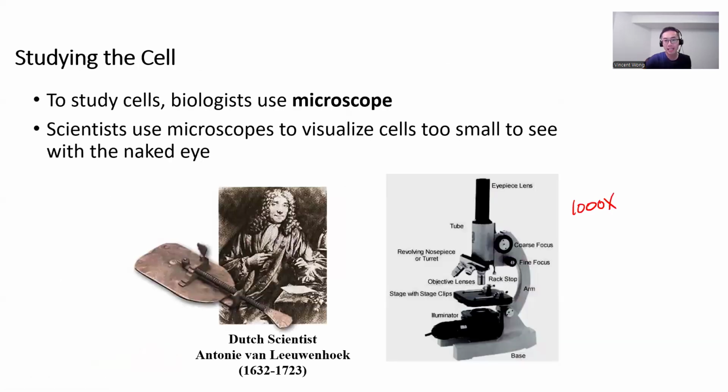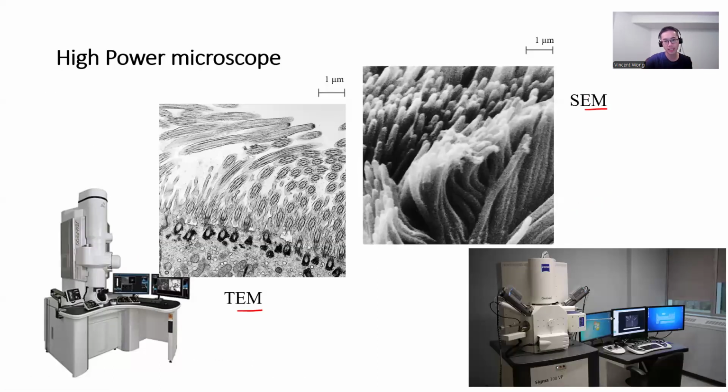These are light microscopes, which use light to observe what you're trying to see. These use beams of electrons. Depending on whether you use a scanning electron microscope or a transmission electron microscope, you will be able to see different things. For the SEM, you will be able to see a three-dimensional structure of the specimen, whereas the TEM will show you a cross section of your specimen.